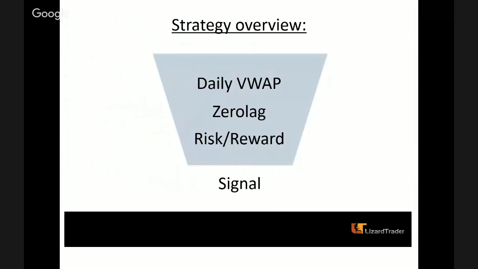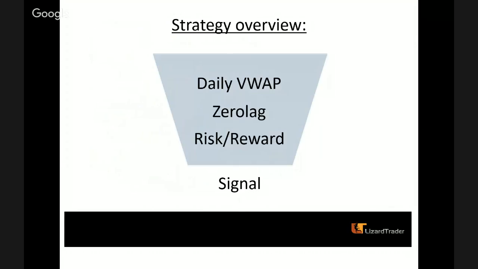All right, so I know there's been a lot of information here, and I just want to summarize things quickly before we move on into the last section of the webinar. So the idea here is really to pay attention to where the daily VWAP is. So we want to be within the first standard deviation of the volume weighted average price, because this is where we anticipate institutional participation in the market, and where we're likely to catch new trends early on, and where we're likely to see the prices move.